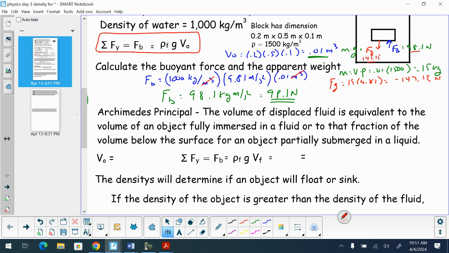So what do you think we should do to calculate our apparent weight? What should we do with these, Justin? Divide them? Okay. I got the force of gravity coming downwards at 147.15, and I got the buoyant force pushing upwards, so we can add these two together to get an apparent weight.